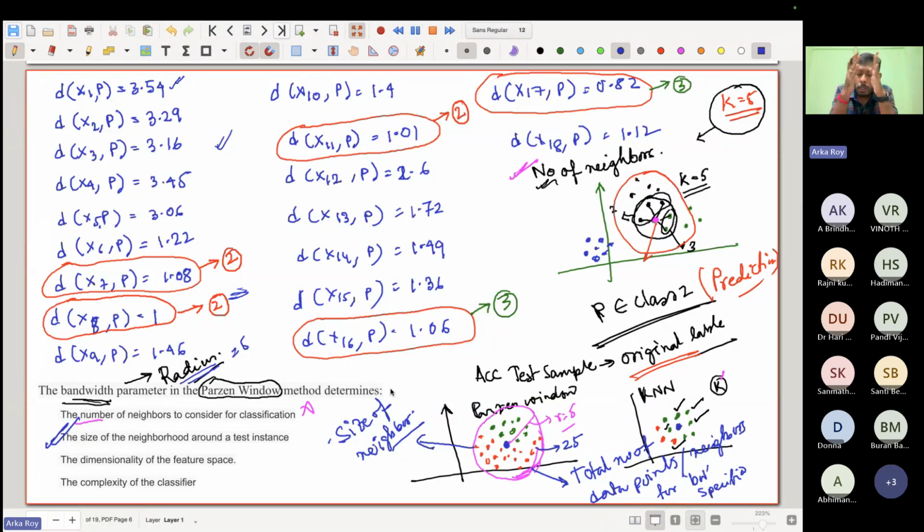So for all the 18 data points, I have to first calculate the distance. Then I have to create a separate memory so that I can store all these distance values. And then based on the lowest 5 case or lowest 10 case, if you choose your k to be 10, we can take the classification decision that whether the new point belongs to class omega 1 or class omega 2 or class omega 3.